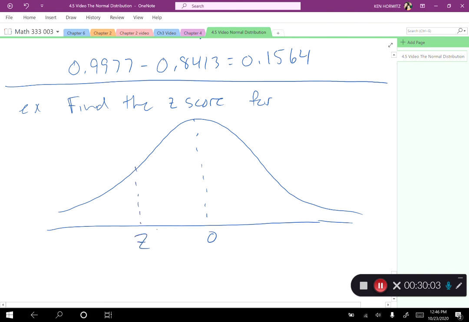I'm going to say that the area in between is 0.4177. And I would like to know what z equals.